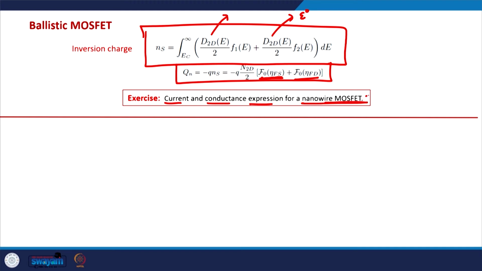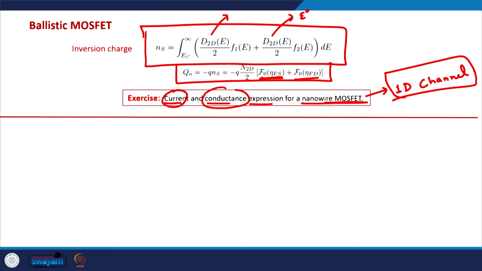A nanowire MOSFET can be assumed to be a 1D channel. So assuming the density of states of a 1D channel, please do all these calculations, the calculation of the current and the conductance, and also the charge in the channel. That will give you proper insights on how these calculations are done.